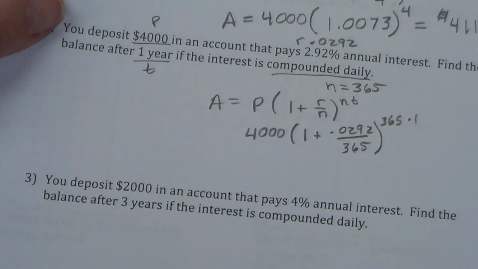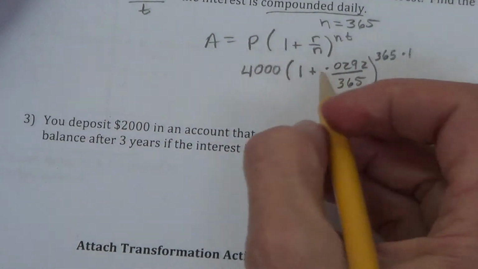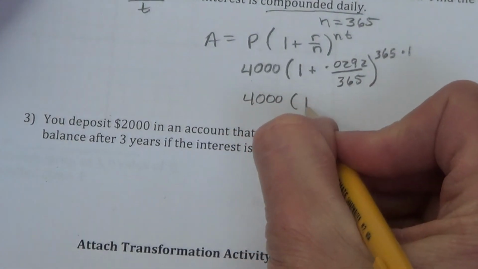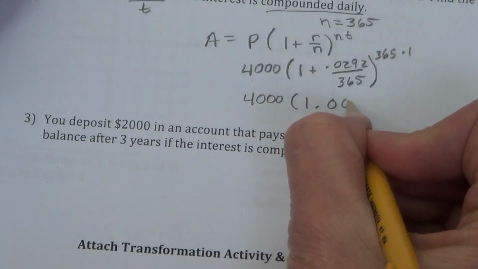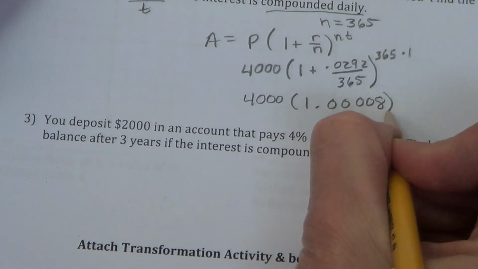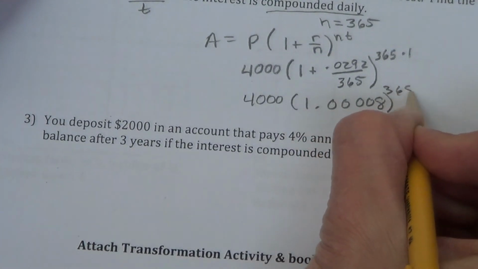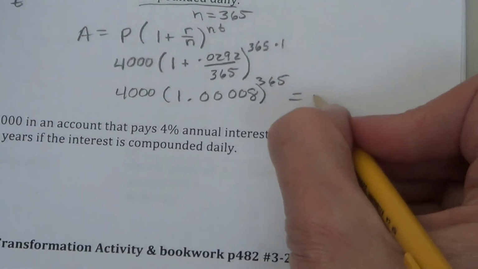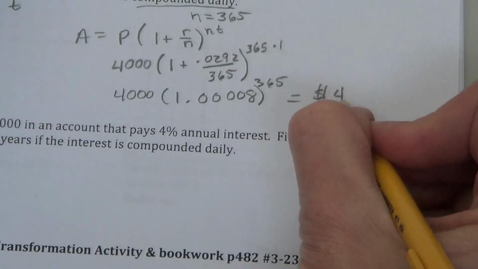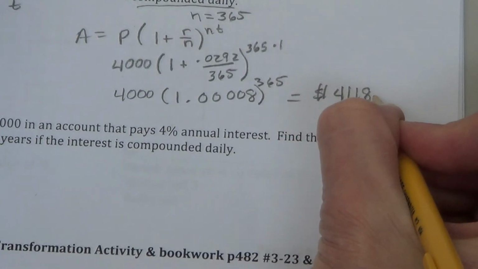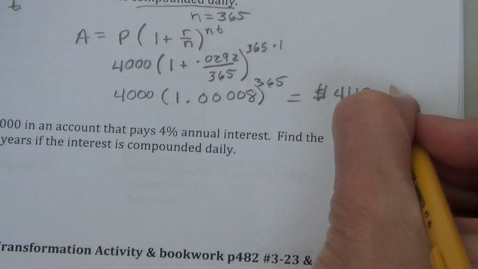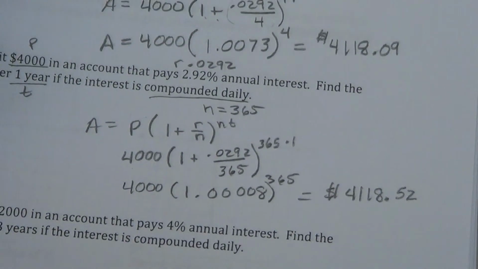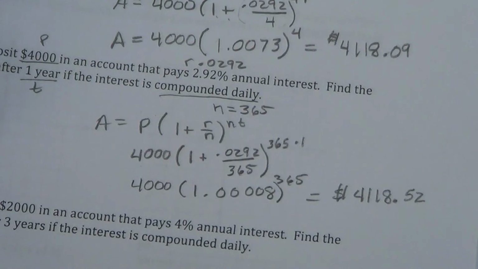Okay, go ahead and plug that in a calculator. Preliminary numbers are 1.0008 to the 365, and I got $4,118.52. So compounded daily didn't really get you that much of an advantage. A little bit of extra change, but not a lot.